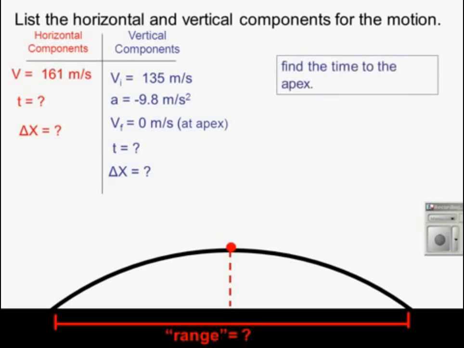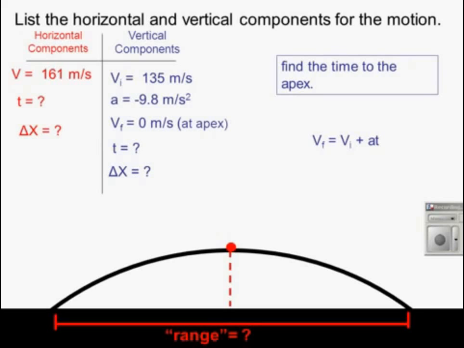Let's find the time to the apex first. You have an equation that says that the acceleration is the change in velocity over time. I give the equation as VF equals VI plus AT. So you can plug in those values.